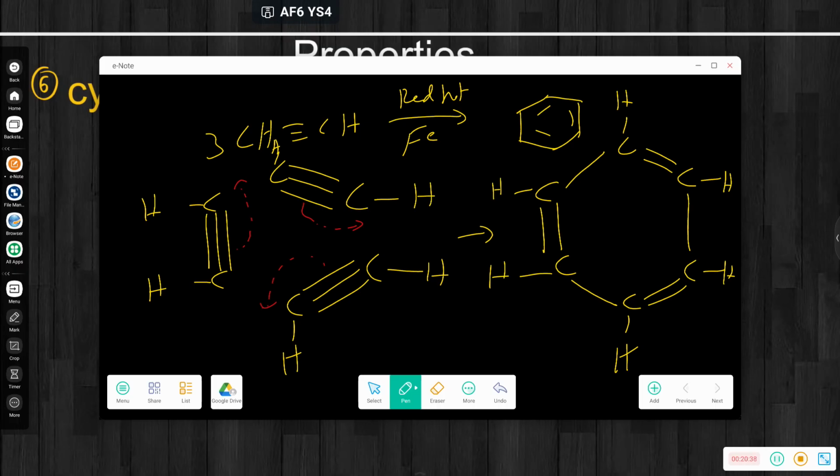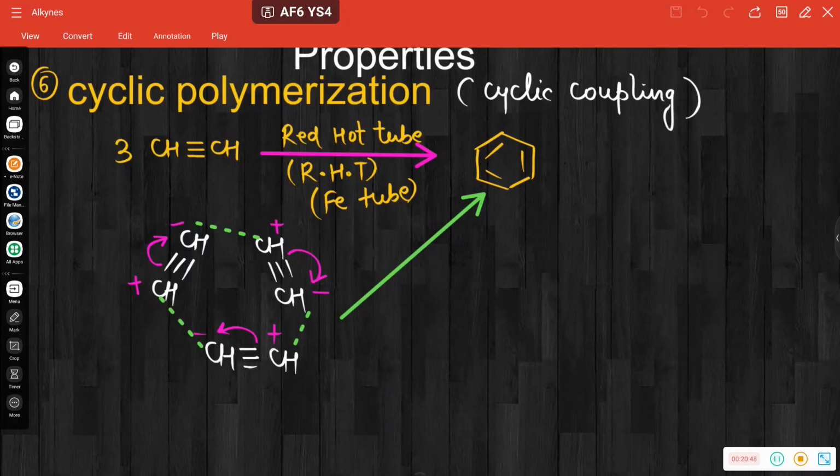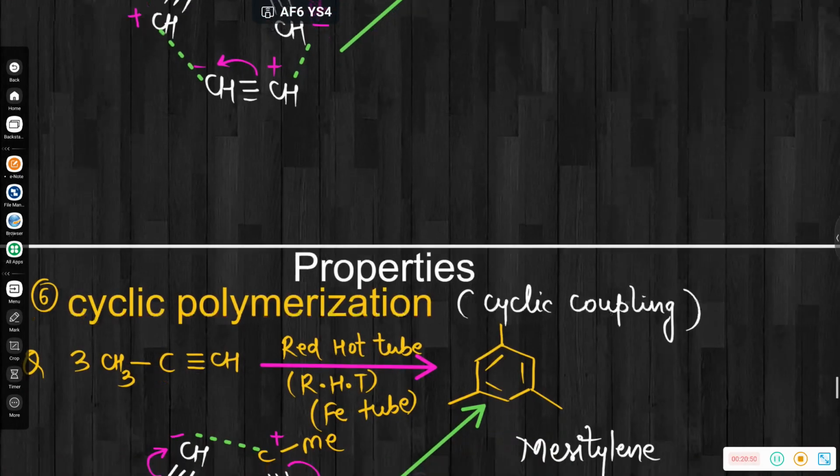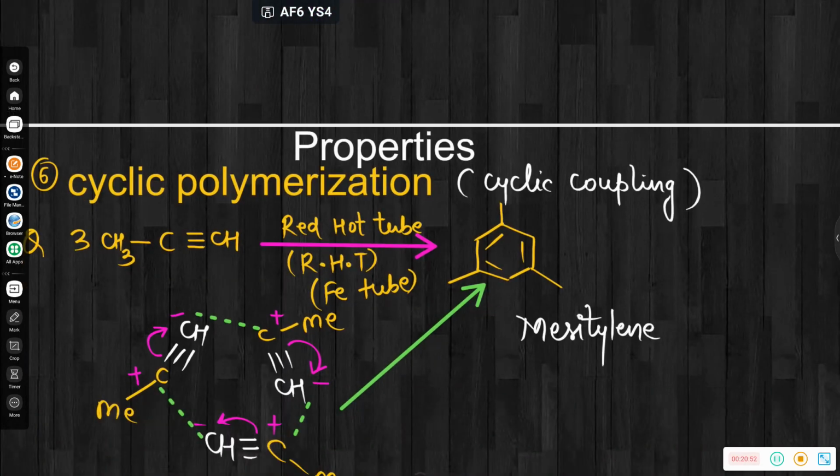Like this, any alkyne if you send 3 moles through red hot iron, the corresponding aromatic compound is forming. If I am taking propyne, you see, interestingly, what will form? Mesitylene, we will say, means 1,3,5-trimethylbenzene forms. 1,3,5-trimethylbenzene is called mesitylene.